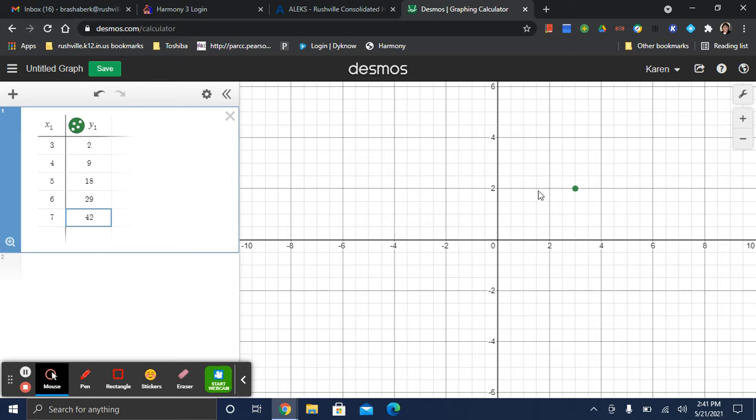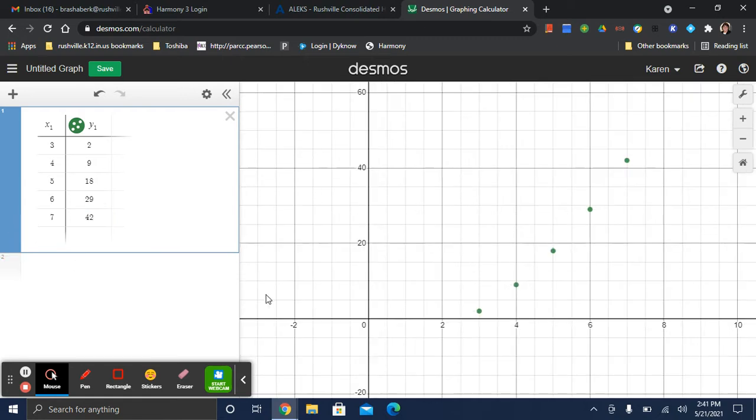Now, as you see, we can only see one of those points right here, and yet I clearly have more than that. So if you hit this magnifying glass where it says zoom fit, then you can see all of the ordered pairs. Now, when you first look at this, it might look like all these points line up in a line.